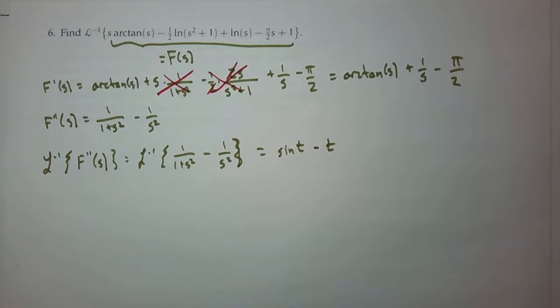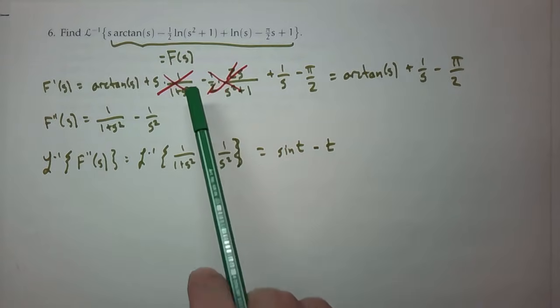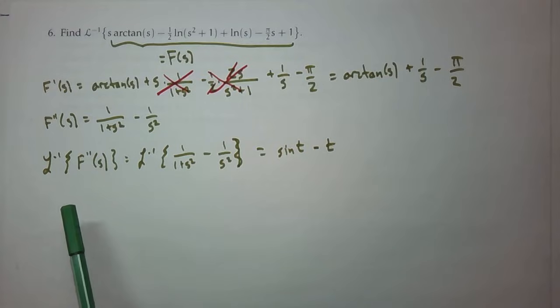Okay, this is not our answer, because we were after the inverse Laplace of f of s. We found the inverse Laplace of f double prime of s. Now is when we cross our fingers and say, is there anything that says these ideas are connected? The answer, it's on the formula sheet. There actually is one that connects.